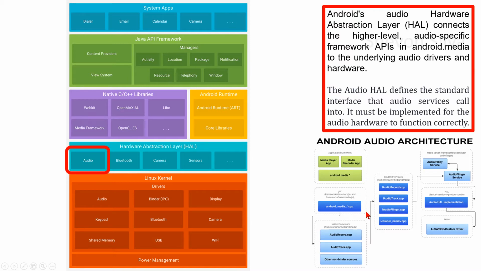On JNI, the JNI code associated with android.media is located in the frameworks/base/core/jni and frameworks/base/media/jni directories.